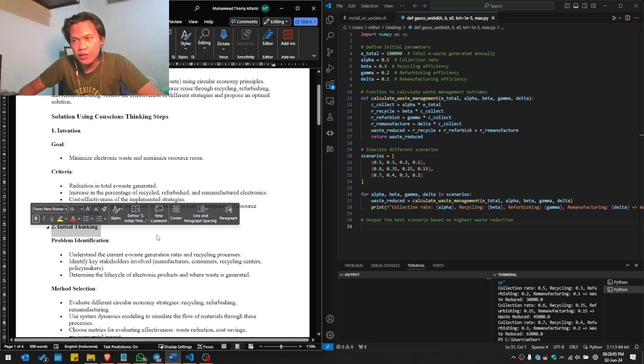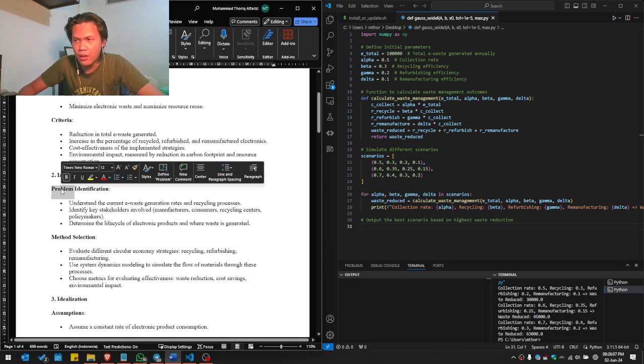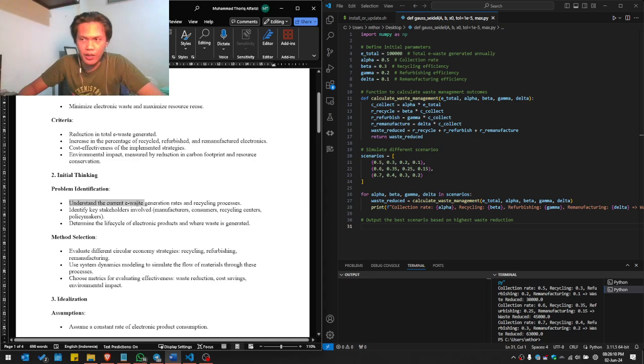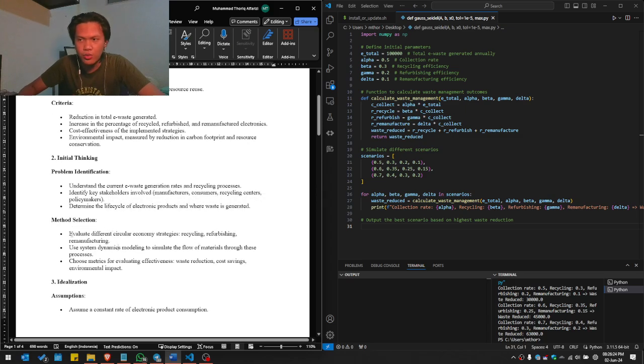And the second step is initial thinking. We have the problem, which is to understand the current e-waste generation rates and recycling process, identify key stakeholders involved, and determine the life cycle of electronic products where waste is generated. The method selection is to evaluate different circular economy strategies that include recycling, refurbishing, and remanufacturing, and to use system dynamics to simulate the flow of materials through this process.